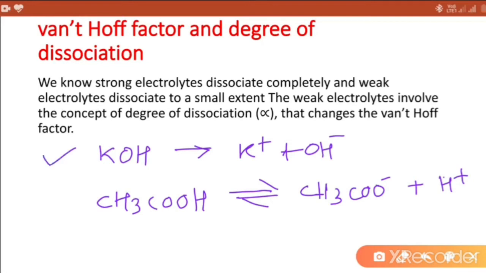So strong electrolytes dissociate completely, or 100%, and weak electrolytes dissociate in the least quantity.